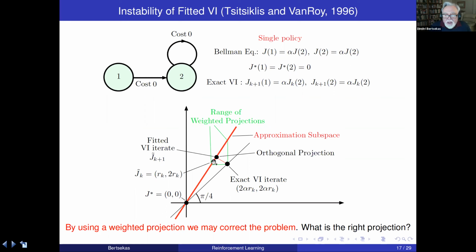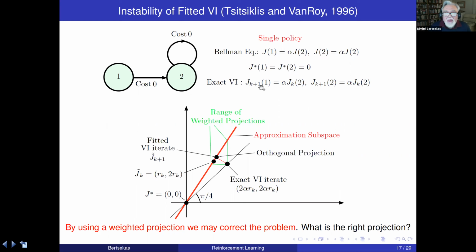In other words, from here, I don't get any closer to where I want to go, but I get further away. And if I do the same thing from this point, I'm going to get an exact value iterate, projected back again, and then I'm going to get an even further away iterate, and so on.